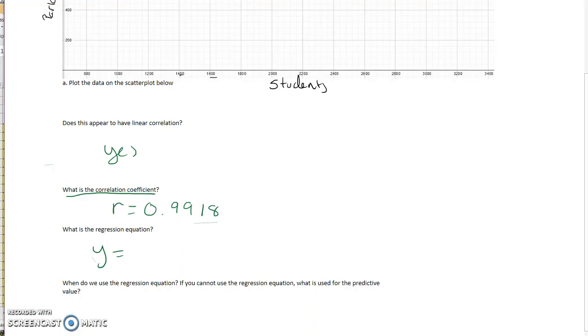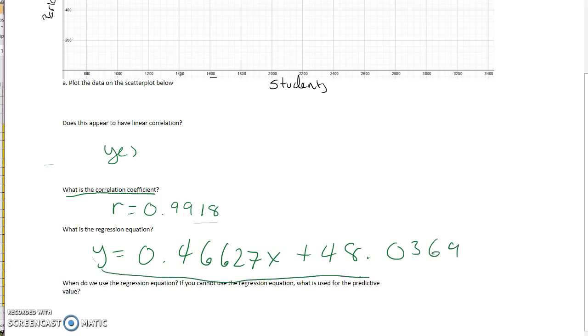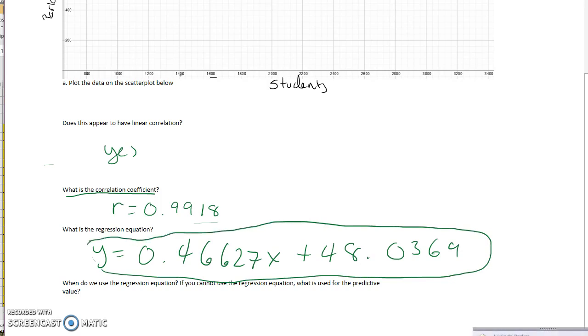Okay, so our regression equation is Y is equal to 0.46627 X plus 48.0369. So this is a linear equation. We worked with some of these previously in the 013 course.